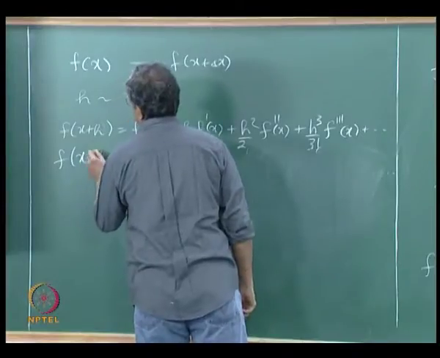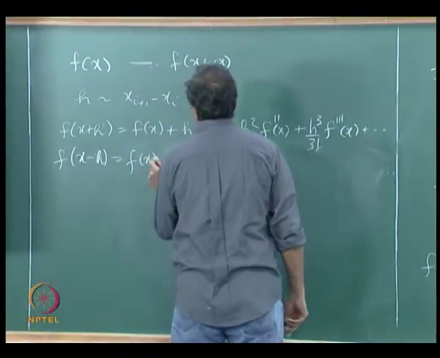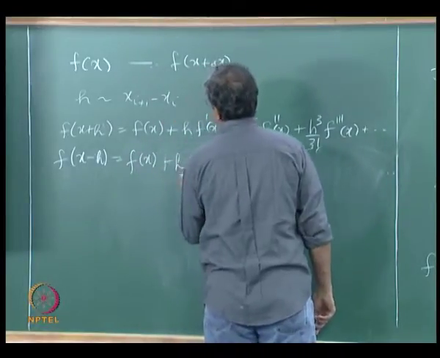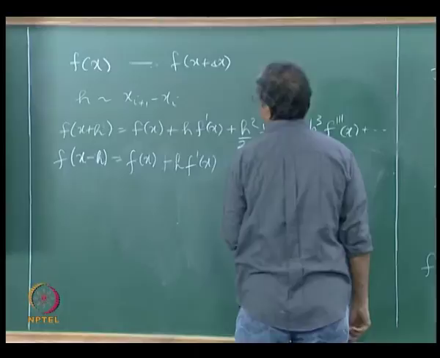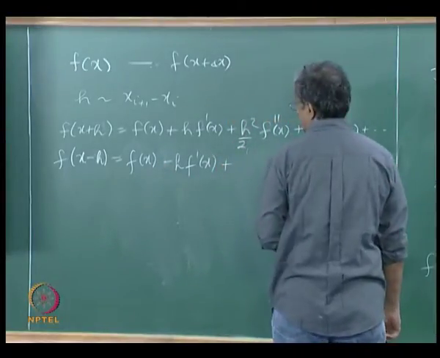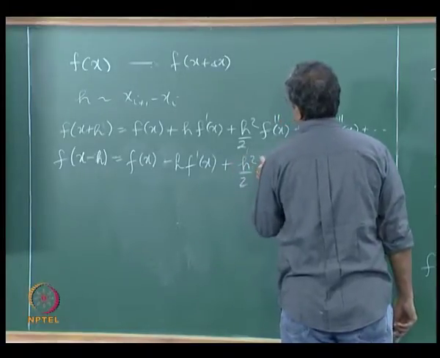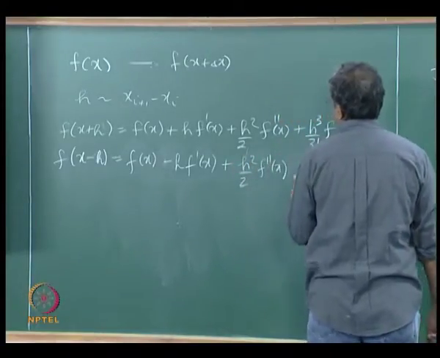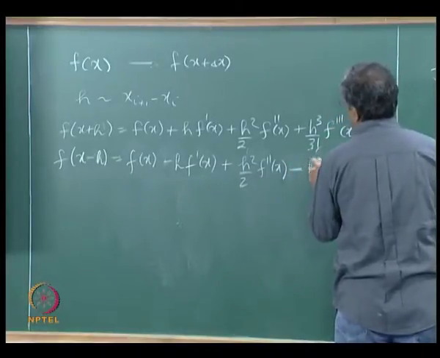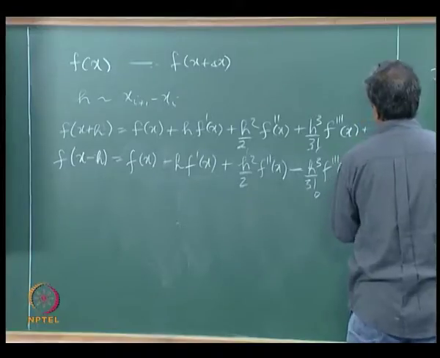f of x minus h is f of x minus h times f prime of x plus h squared by 2 factorial f double prime of x minus h cubed by 3 factorial f triple prime of x, and so on.